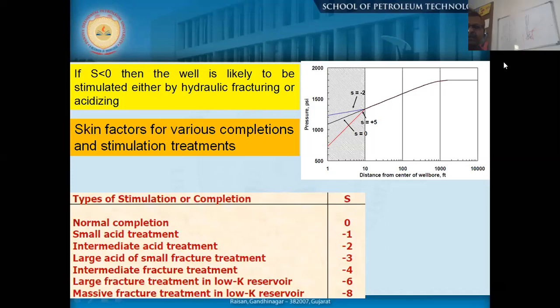What is acidizing? It's a method of stimulating a well, sir. Yes, that means you are using acid to clean the surroundings of your wellbore. There are two things: one is acidization, another is acid washing. Do you know the difference between these two?